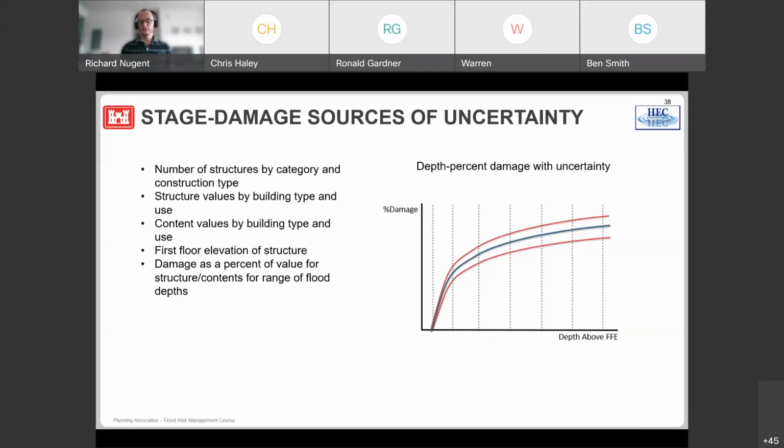So construction type is a component, because we're thinking about construction types that are more resistant to flood damage versus others that are not. We are uncertain about structure values by building type and use. We use depreciated structure replacement value. So we calculate damage based on the value of the structure as is.